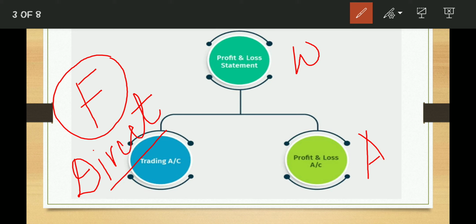Whatever raw materials are consumed are direct expenses, and also octroi, wages and salaries. If it is written wages and salary, it is included in trading account, and if it is written like salary and wages, then it is included in the P&L account.